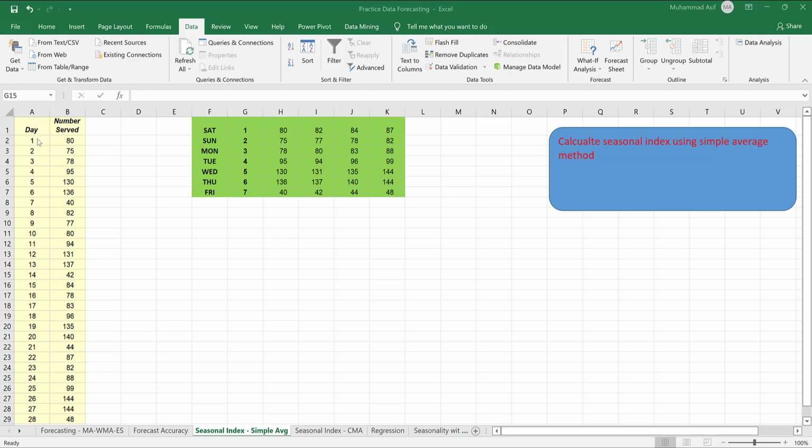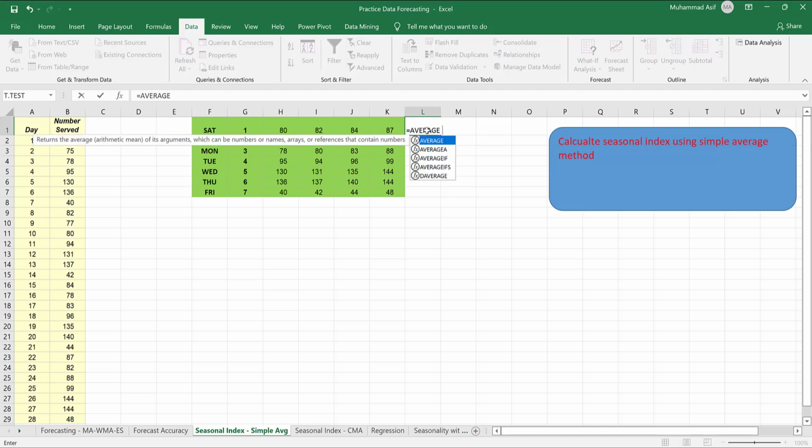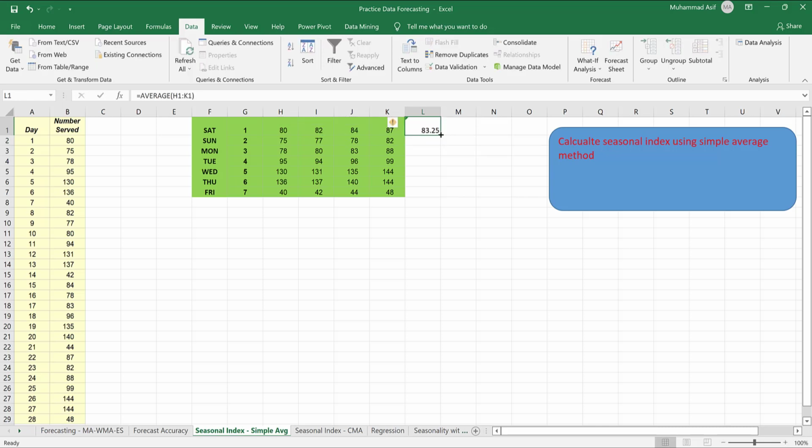We are assuming this is Saturday, Sunday, Monday, Tuesday, Wednesday, Thursday, like that. And to calculate seasonal index, what we do is that we take average of each row, and then I drag to calculate average of all rows, and then this is overall average.